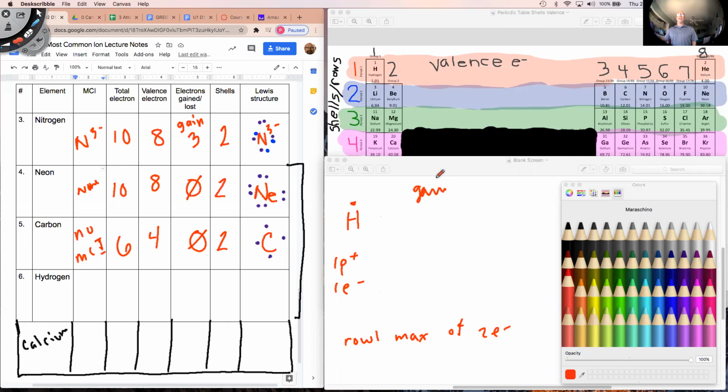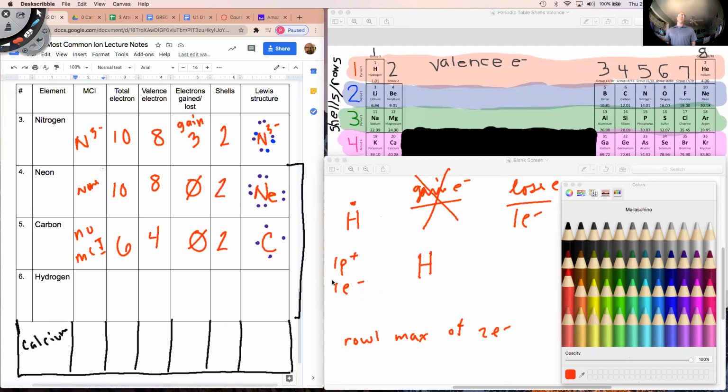And is it going to want to gain or lose its electron? Well, in this case, you would think, oh, maybe you gain or maybe lose. Hydrogen is always going to lose 1 electron, okay? It's not going to gain an electron to have 2. So you just have to memorize that hydrogen is always going to lose an electron.